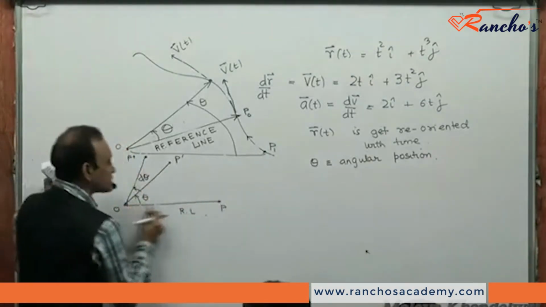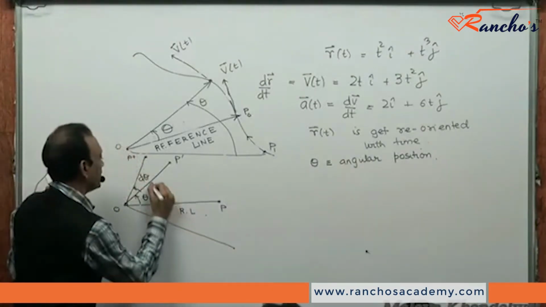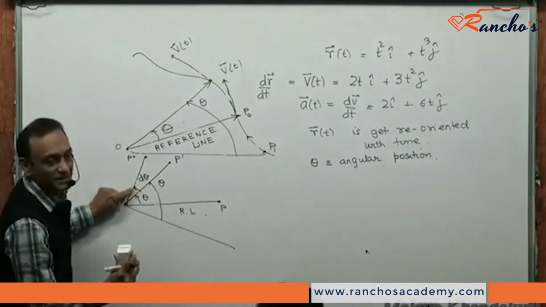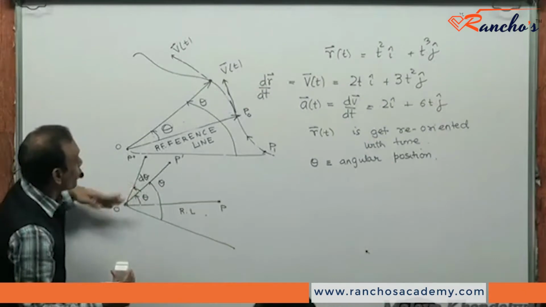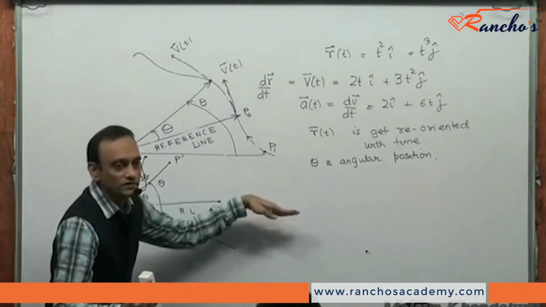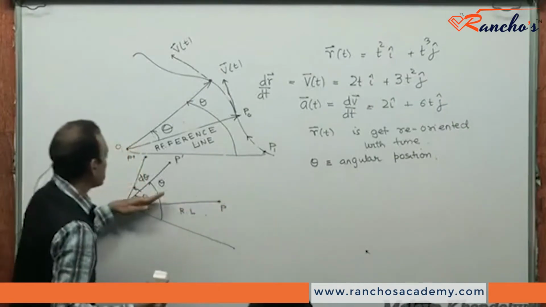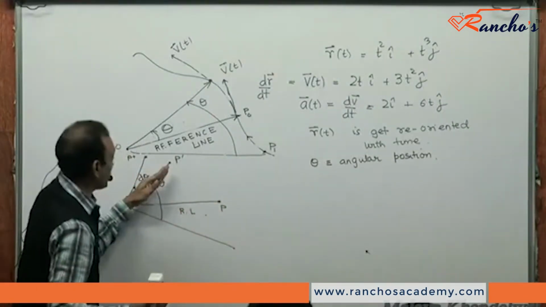If instead of this being the reference line, I had this as my reference line, and theta was measured this way, then d theta will still be this. It's a change in theta, so it will not depend on what my reference line was. If this was the reference line, this would be my angular position.